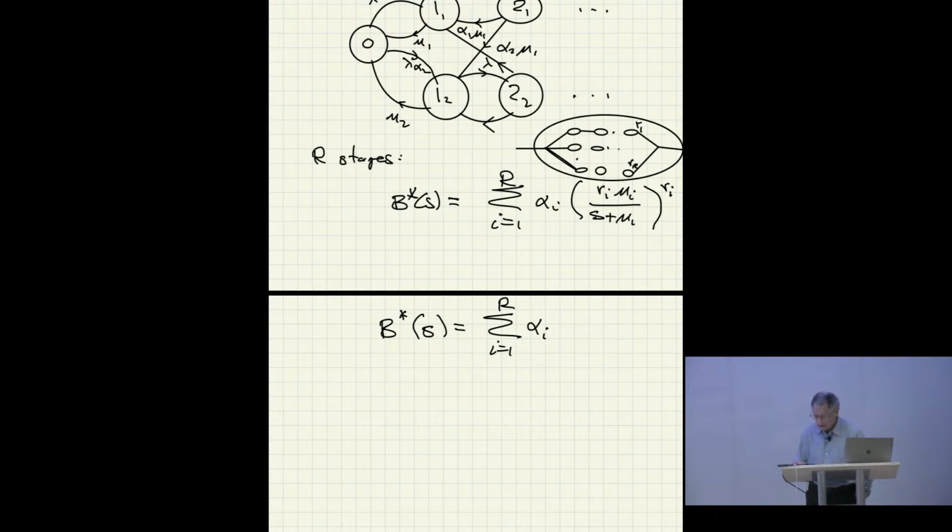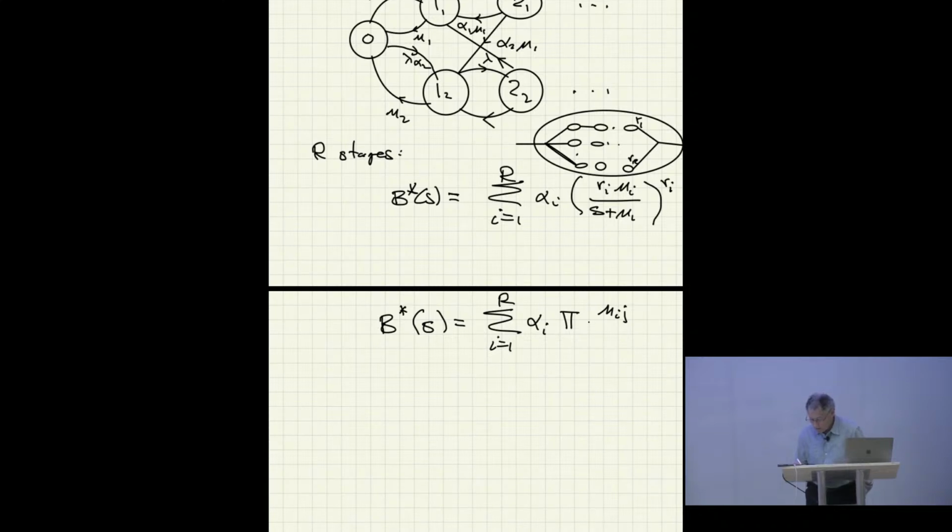It's not simply a fixed number to the Ri. In fact, it's a product of mu i's. It's mu ij over S plus mu ij, and the product j equals 1 to R sub i. R sub i is the length of the ith chain. But you could write it down, and you can imagine how to solve it. The equations are going to get messy. Complicated set of linear difference equations.